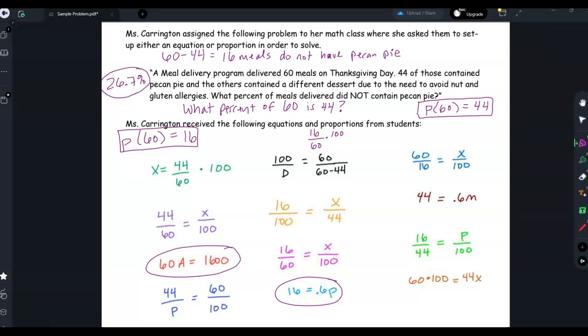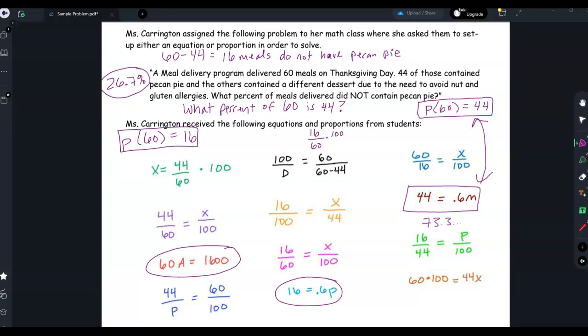All right, so let's see. We've also got this one. That one's got a 44 in it, so that looks more like this one. So is it the same? Again, just a quick check would be, solve this thing. Divide both sides by 6/10. 44 divided by 0.6 is going to be 73.3 repeating.